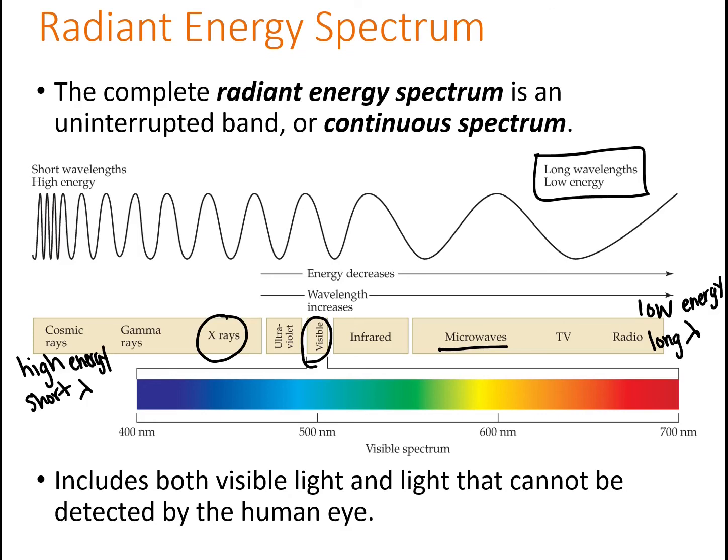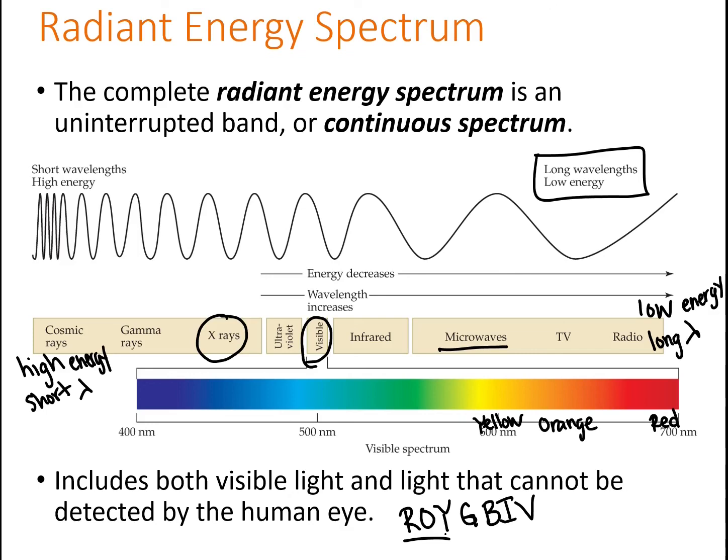You will need to know the visible spectrum in terms of the colors and where they fall. So if you ever had to learn the rainbow, it's usually taught Roy G. Biv. So you've got red, orange, yellow.